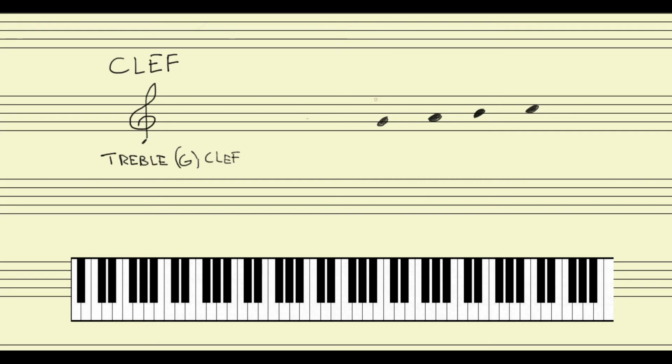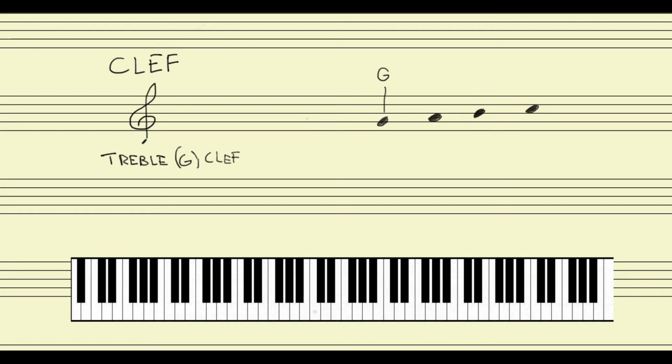It's called a G clef because this clef tells us something really important. It tells us that the second line of the staff, meaning this line right here where the note head is sitting, is going to be the note G. And not just any note G, but specifically the G that is above middle C.